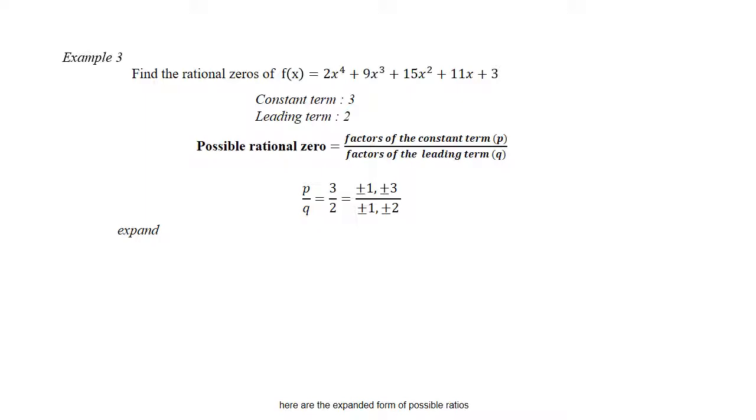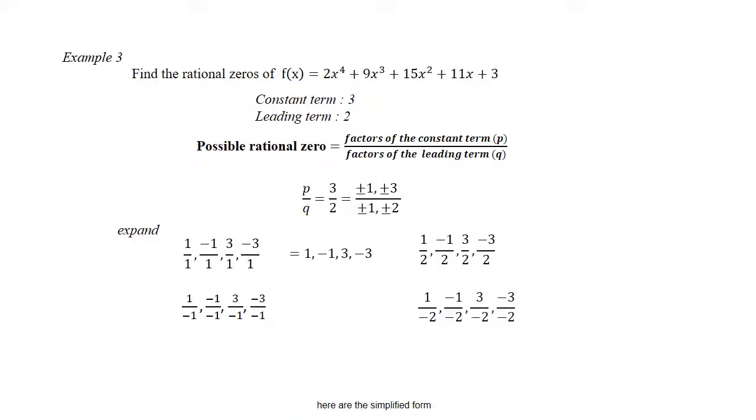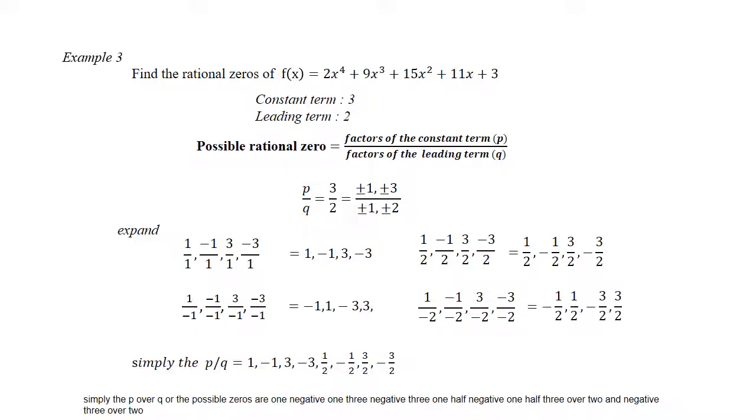Here are the expanded forms of the possible ratios. Here are the simplified forms. Simplified, the p over q, or the possible zeros, are 1, negative 1, 3, negative 3, 1/2, negative 1/2, 3 over 2, and negative 3 over 2.